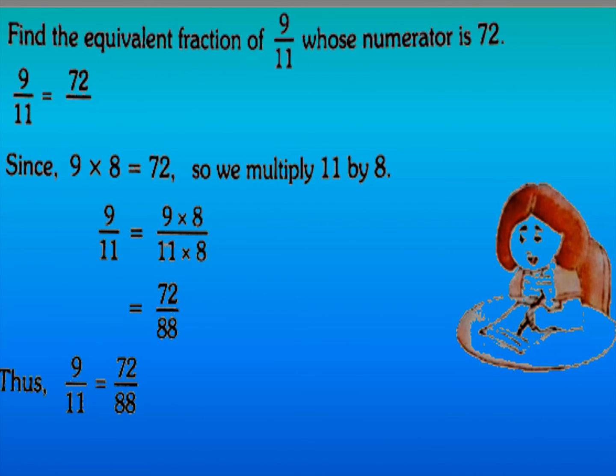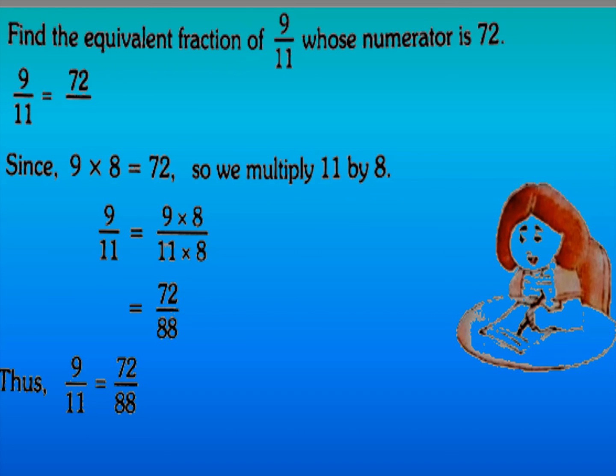Now here is one example with the solution. Find the equivalent fraction of 9 upon 11 whose numerator is 72. 9 upon 11 is equal to 72 upon what? Since 9 multiplied by 8 is equal to 72, so we multiply 11 by 8.